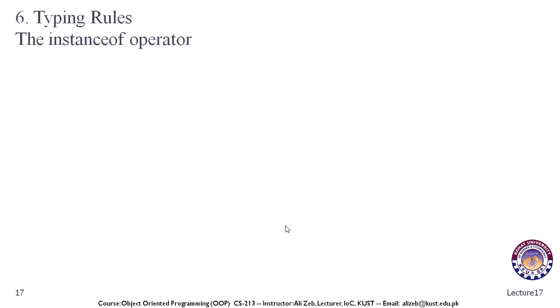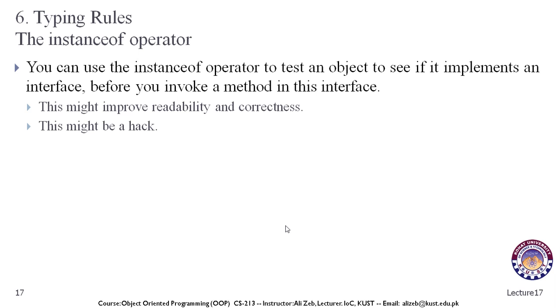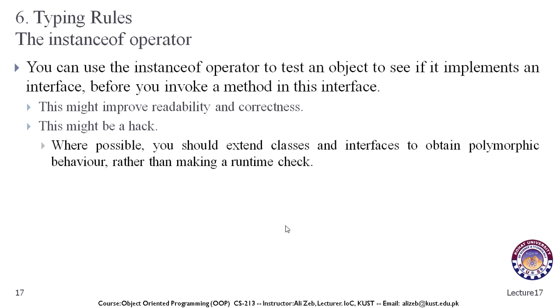We can also use the instanceof operator. You can use the instanceof operator to test an object to see if it implements an interface before you invoke a method in this interface. This might improve readability and correctness. This might be a hack. Where possible, you should extend classes and interfaces to obtain polymorphic behavior rather than making a runtime check.